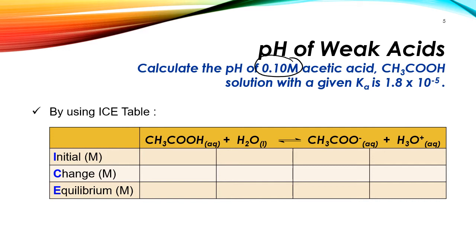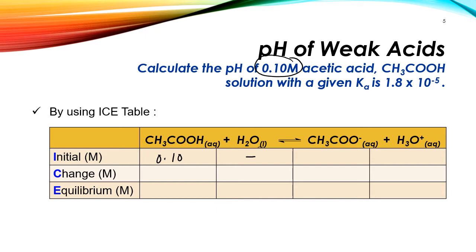The initial concentration given is 0.10 molar. In this reaction, the weak acid dissociates in water. But remember that water is a pure liquid, so it has a constant concentration. Therefore, the concentration of H2O does not count in the expression.